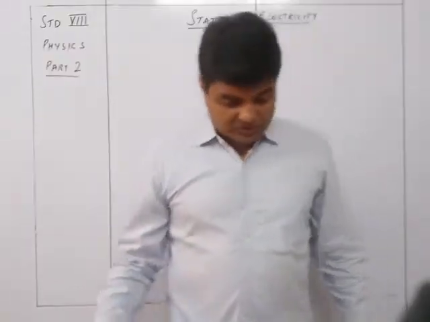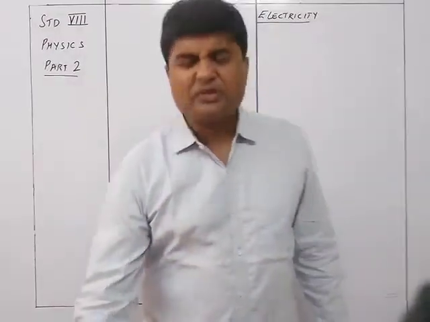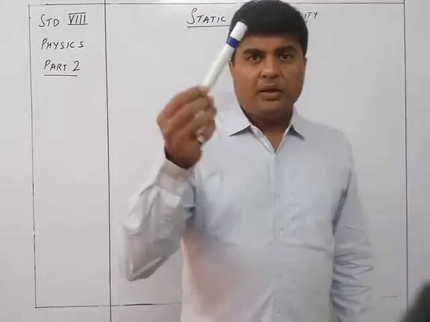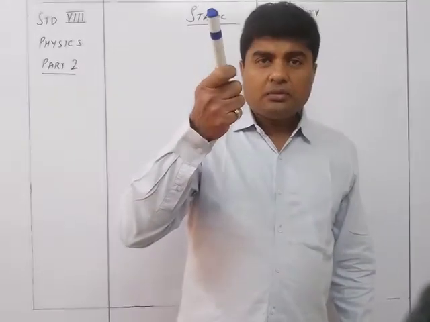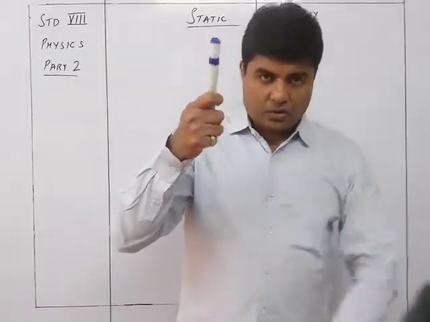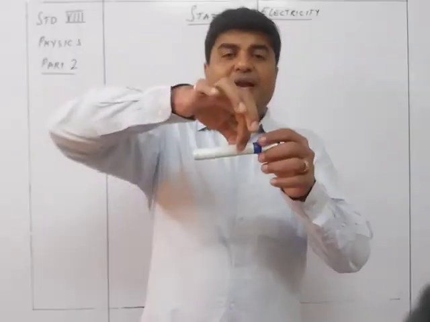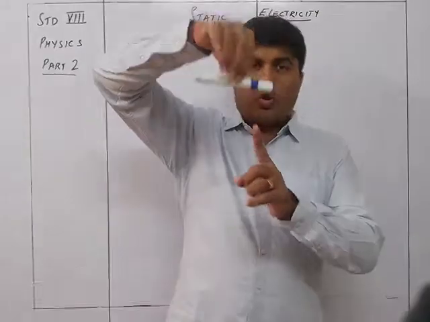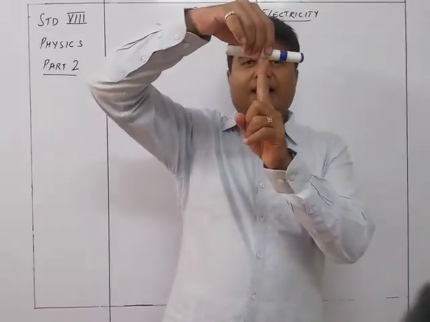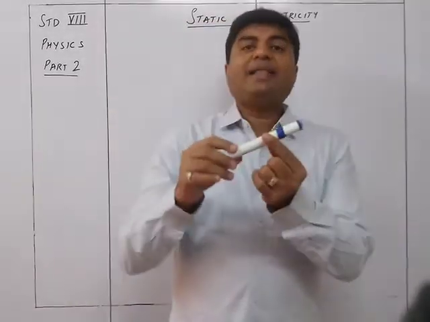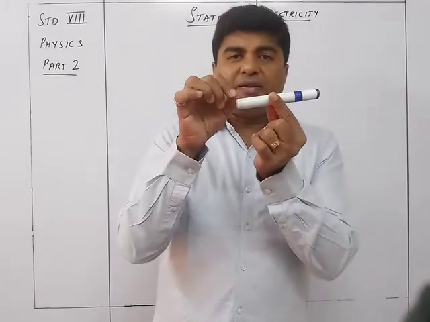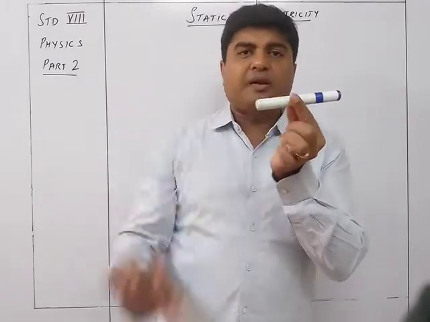Suppose this is made of metal. If I am holding it, it is getting connected through me to the ground, so this cannot be charged. But if I suspend it by a thread or by an insulated stand like this, in that case, whatever charge is present can stay within these particular limits.